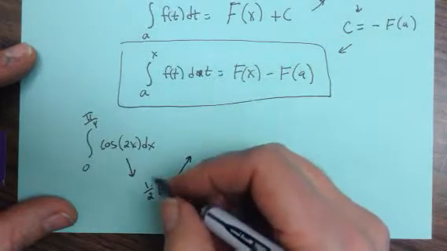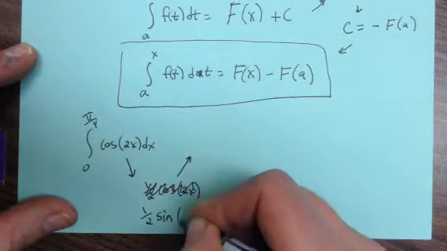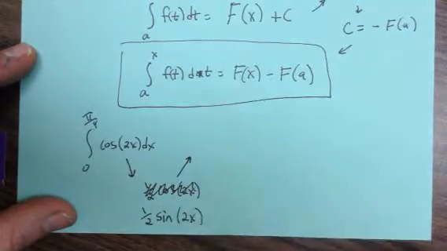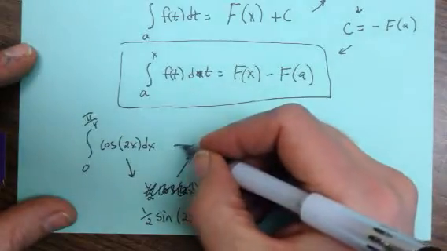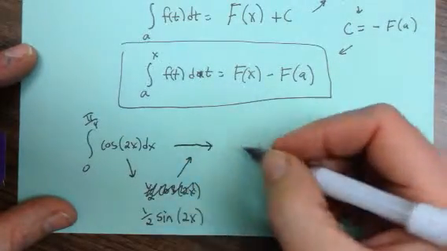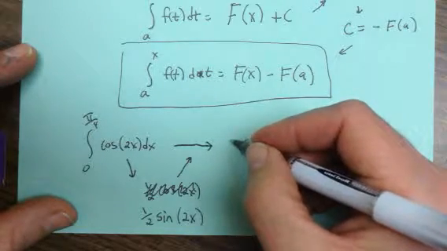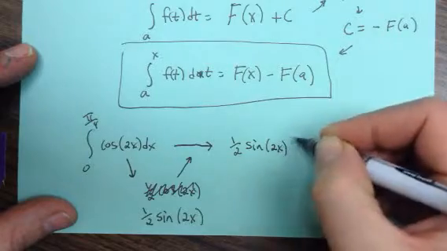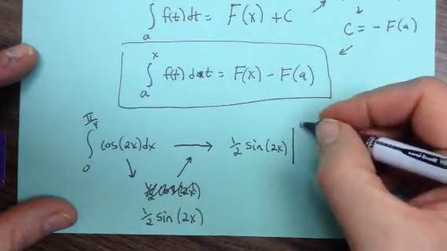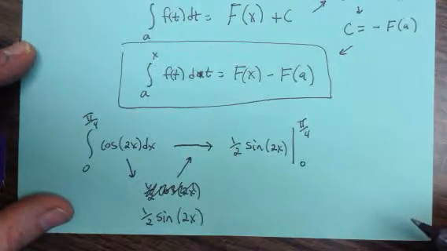Sorry, that's not right. 1/2 the sine of 2x, of course. So the fundamental theorem of calculus tells us that this definite integral must be equal to 1/2 the sine of 2x evaluated at the endpoints pi/4 and 0.